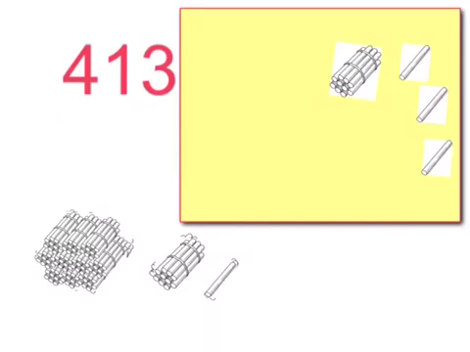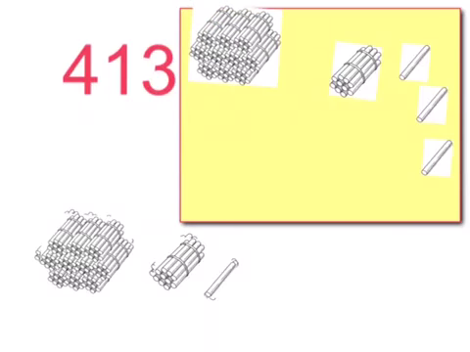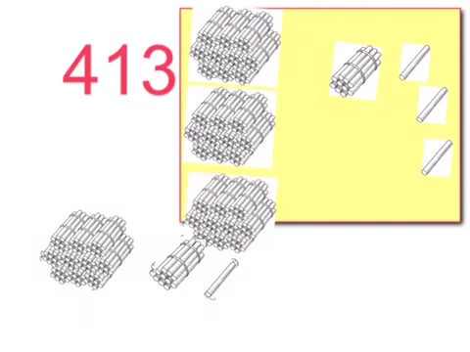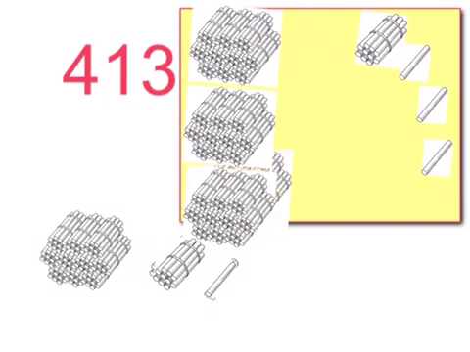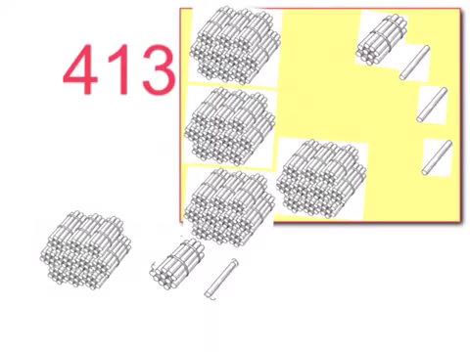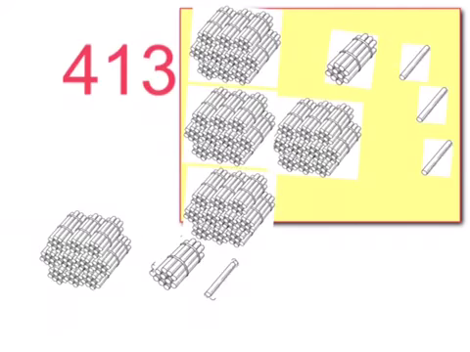So I move out 4 of these. 1, 2, 3, 4. So if I count that up now, 100, 200, 300, 400, 10, 11, 12, 13, 413. How did you go? Did yours look like that?